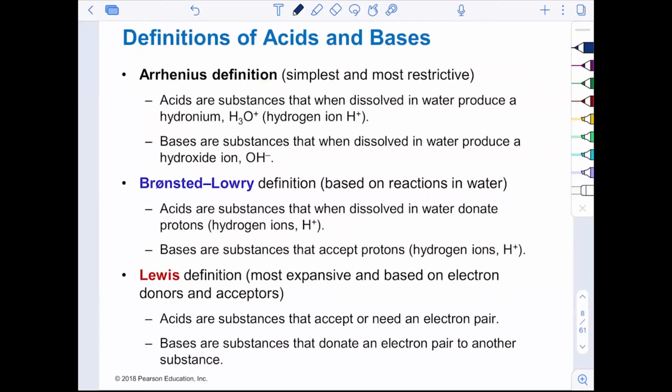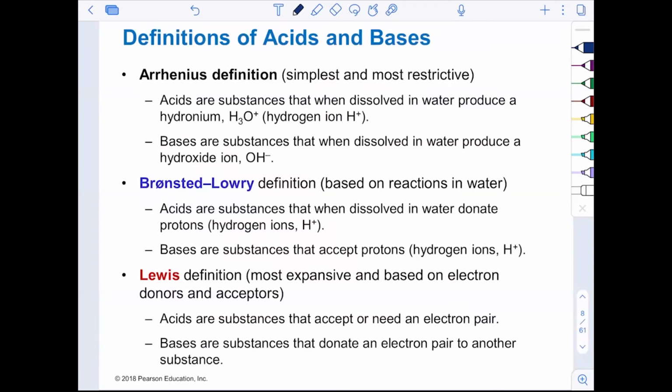We have multiple definitions of acids and bases. We've talked about the Arrhenius definition. It is the simplest and most restrictive. Acids are substances that when dissolved in water produce hydronium, and bases are substances that when dissolved in water produce hydroxide. Now Arrhenius, rightly so, this definition for acids and bases was his PhD thesis.